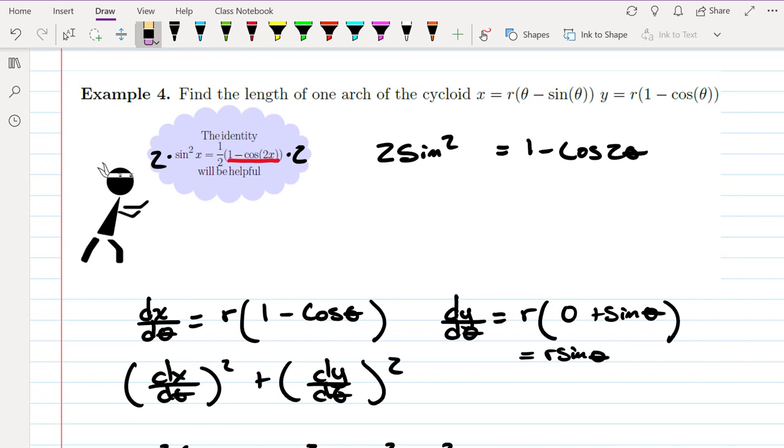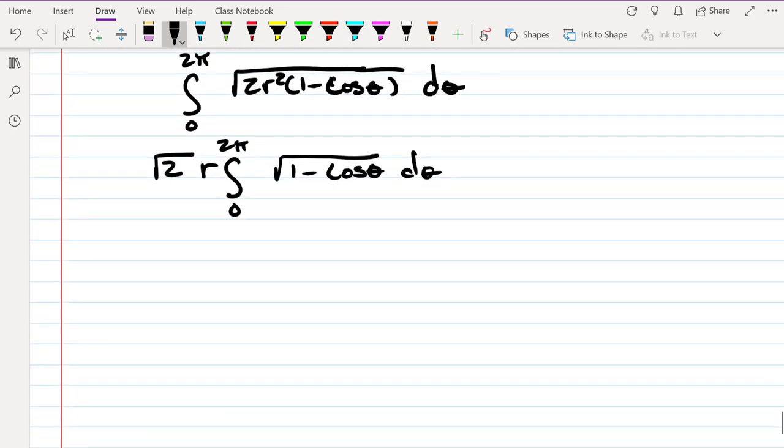Yeah, I'm jumping the gun. I'm going to put x's back in for a second. There we go. So now we have 2 sine squared x is equal to 1 minus the cosine of 2x.